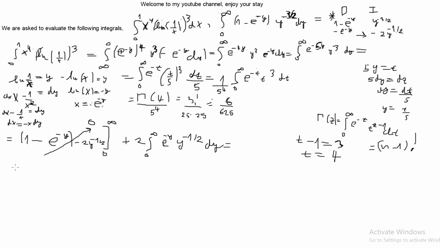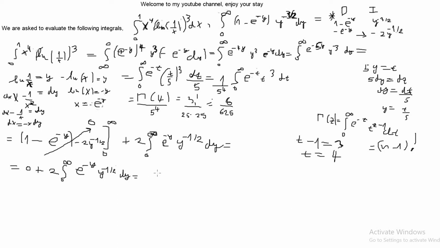So we are left with 0 plus 2 times the integral from 0 to infinity. Let me write this better. e to the negative y times y to the minus 1 over 2 dy.